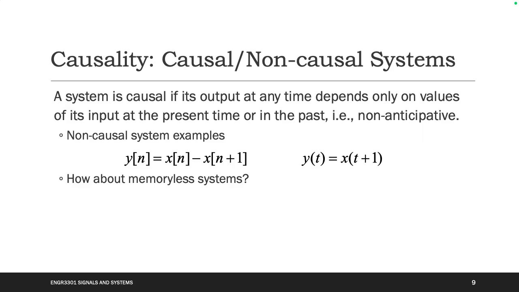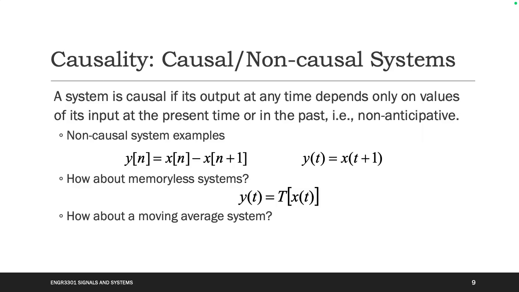So a memoryless system must be causal. But a causal system has the possibility to be memoryless or non-memoryless. Does it make sense to you?